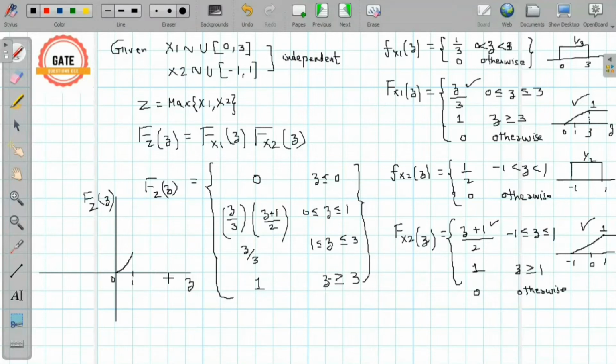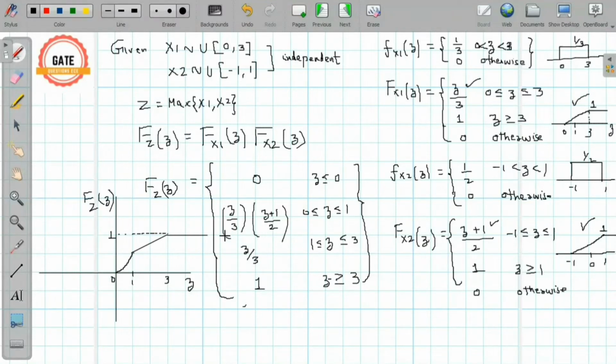And from 1 to 3, so this is 3, in this range, it is a linear function. It will be a straight line between these 2 points. And afterwards, it is a straight line with value 1. So this line corresponds to 1 value. So this is the CDF of z.